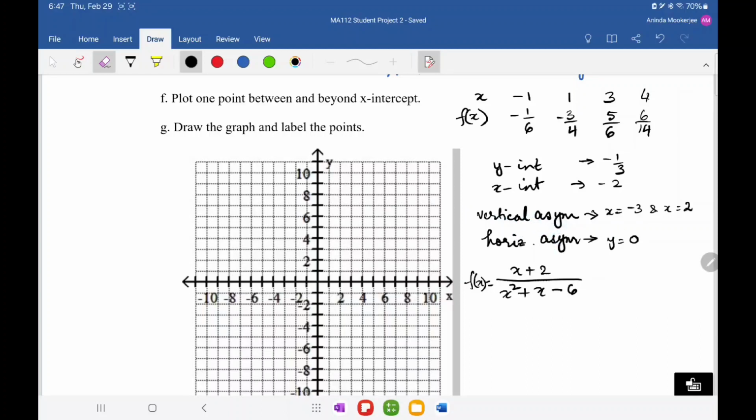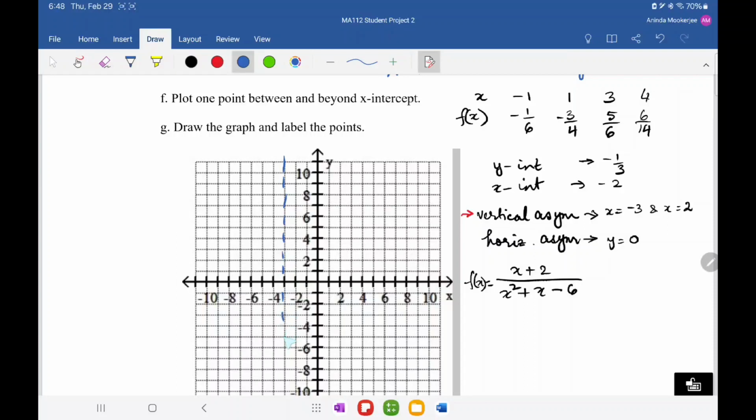So let's plot the different points we found so far. We have the y-intercept as -1/3. So let me plot that. Well, I think it's better to start with the vertical asymptote. So I'm going to plot the vertical asymptote first, and then we'll go into the y-intercept and the x-intercept, all right? So x equals -3 is one of the vertical asymptotes. So always start with the vertical asymptote.